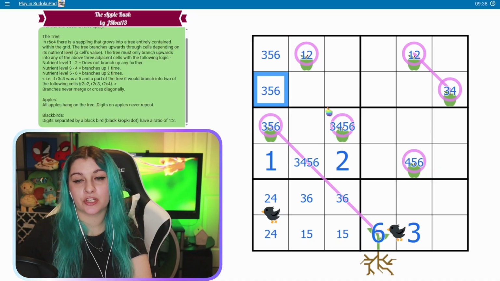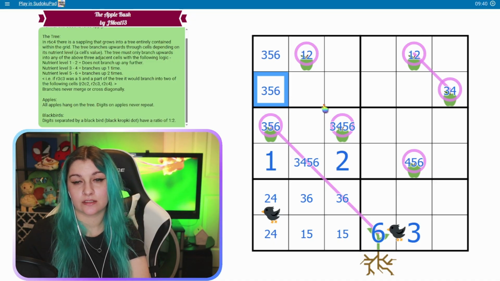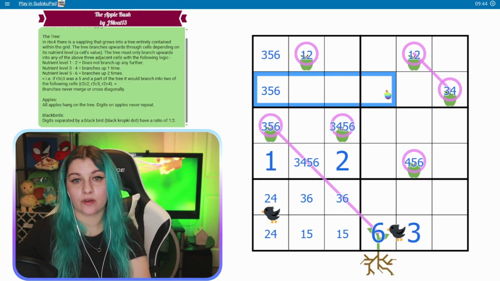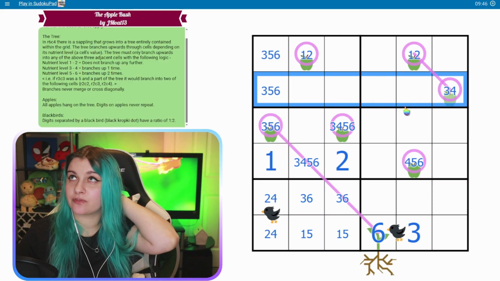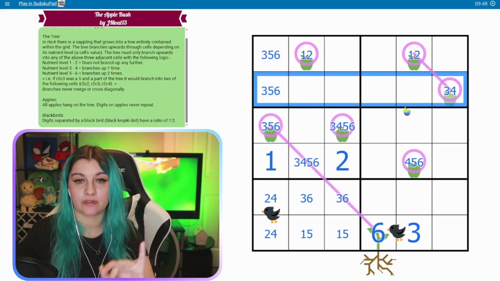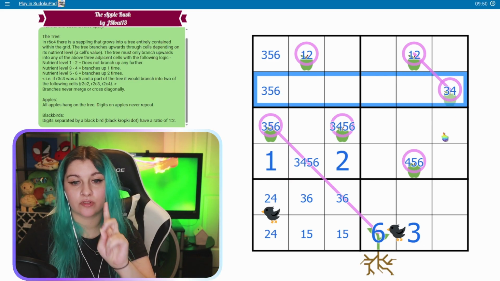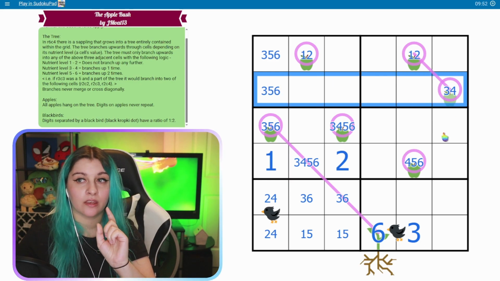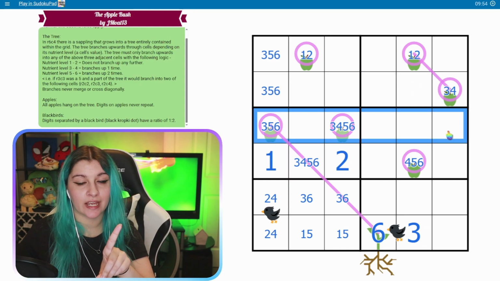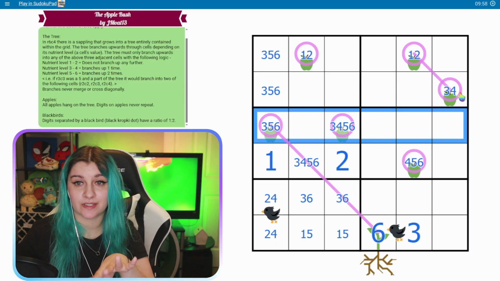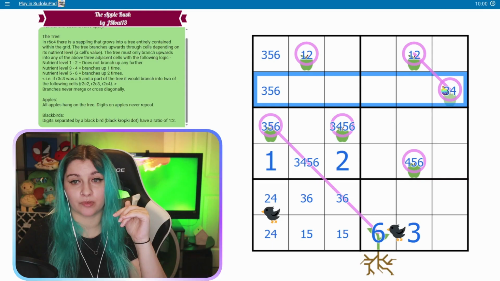If there's a branch here, I don't want it to be a 5, 6. If I do have up to 4 branches here, they need to be on 1, 2, 3, 4. The 5 and 6 in this row do not have branches on them. So I don't want to have branches on 3, 4, 5, and 6 here because I don't want to end up with 6 branches. I could have a maximum of 4 branches in this row.